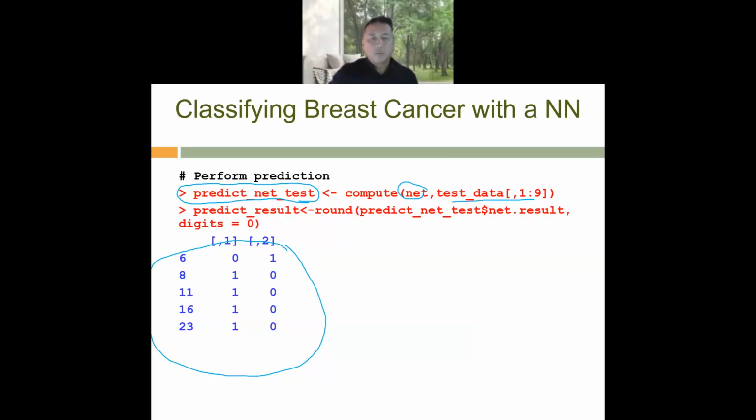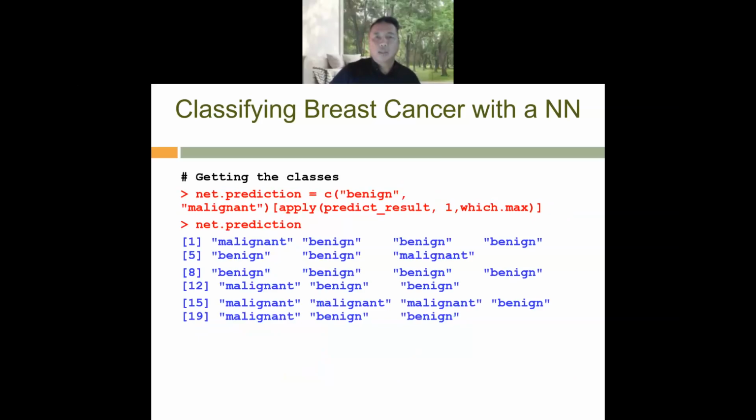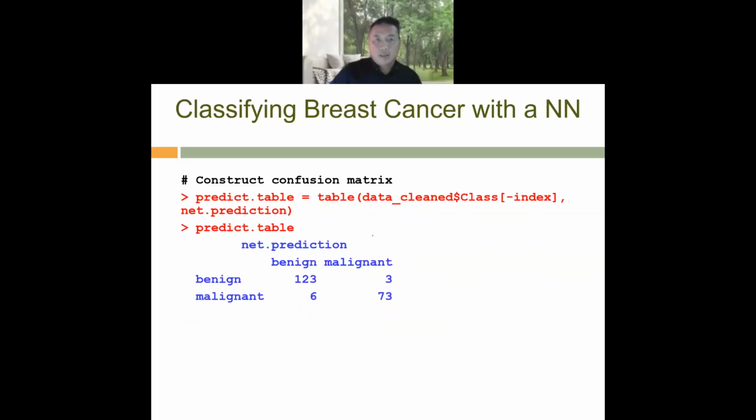So if you want to compare that with the actual one, basically we are looking at the differences with the data clean. We are looking at the table that will compare the original one, which is the actual one, and this is the prediction that we have.